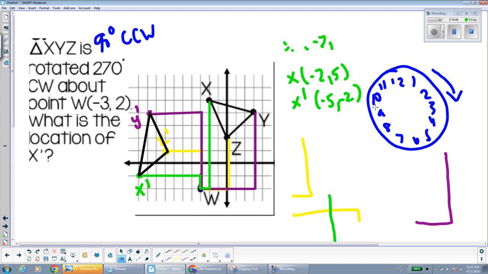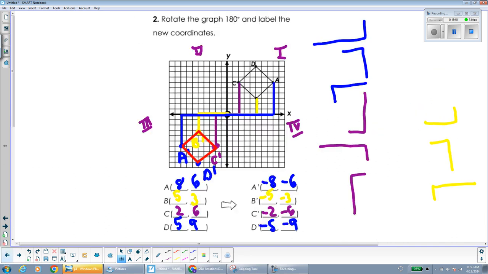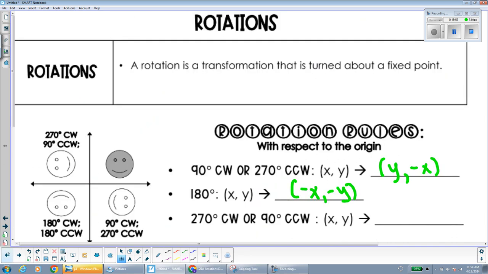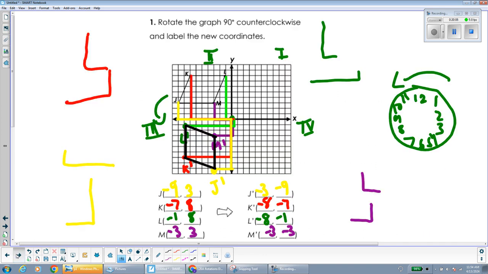So now this had the order switched, and the original y coordinate became the opposite sign. So we can fill in our table over here. The order switched, the original y became the opposite sign. So here are the rules for rotation.